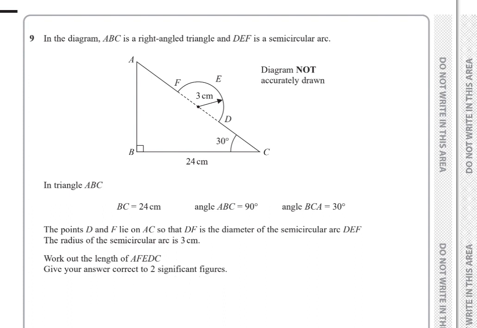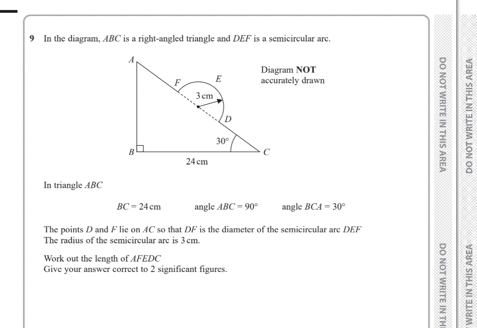So we need to find the length of AF and the arc FED and DC. We have right angle triangle ABC, and this angle 30, and this side 24. So we can find AC using cosine because we have adjacent and we need to find the hypotenuse.